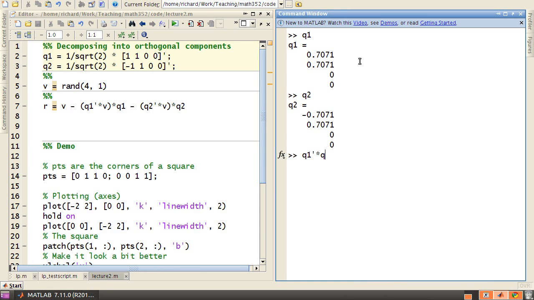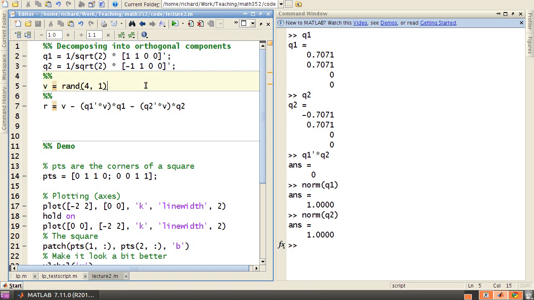To check that they're orthonormal, we should take their inner product. The inner product is equal to 0, and we should check that their lengths are both 1. The norm of q1 is equal to 1, and the norm of q2 is also equal to 1. That's great. So we've got our 2 orthonormal vectors q1 and q2 to start with.